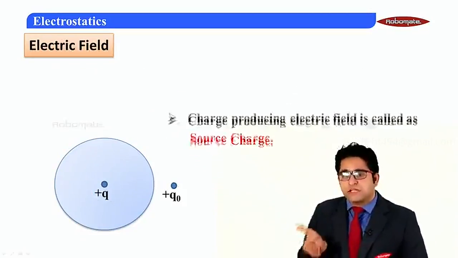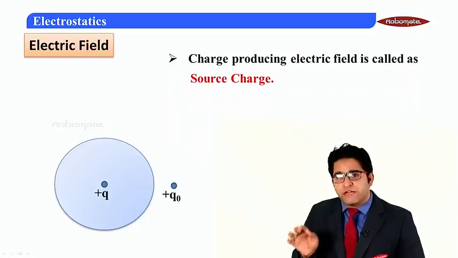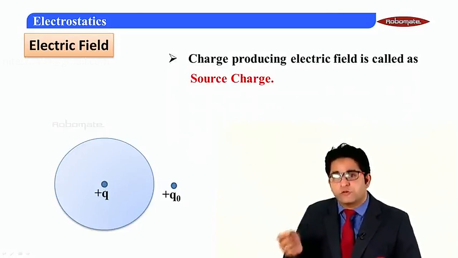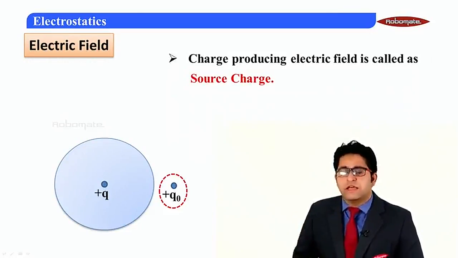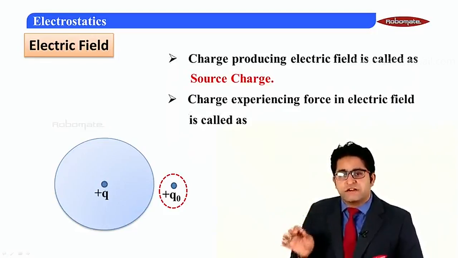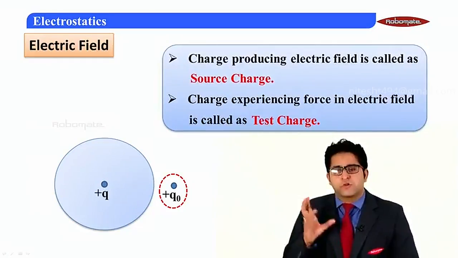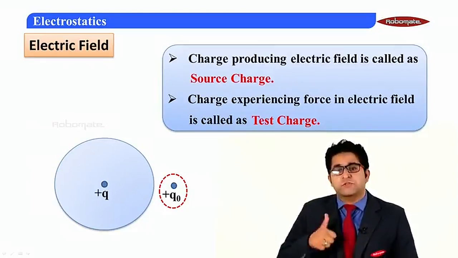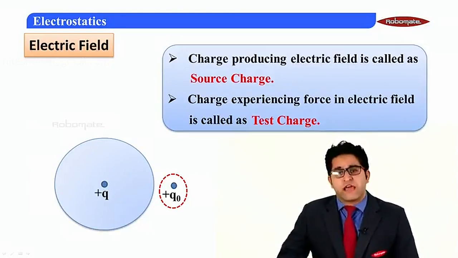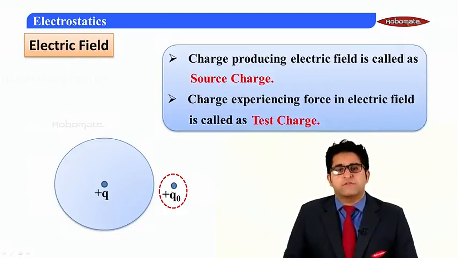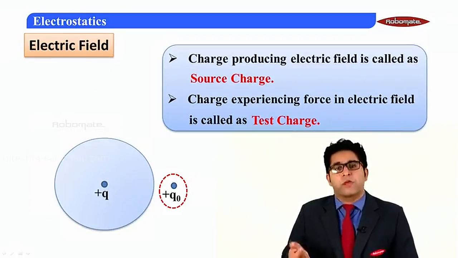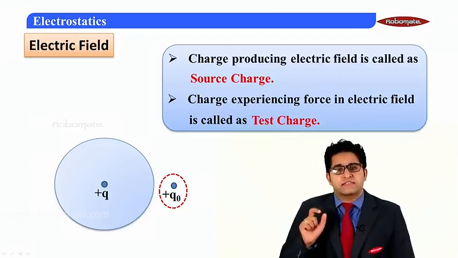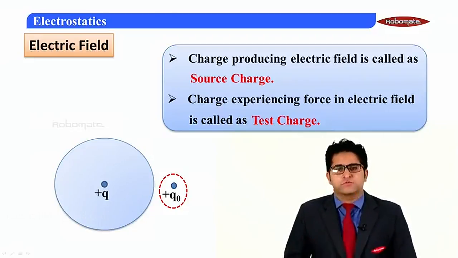And this particular charge which experiences the force in field, that is charge plus Q naught, is referred as test charge. So while studying field, we'll come across two types of charges. First one, which is producing the field, is referred as source charge, and the second one, which is experiencing force because of the field, is referred as test charge. Now let us move further.